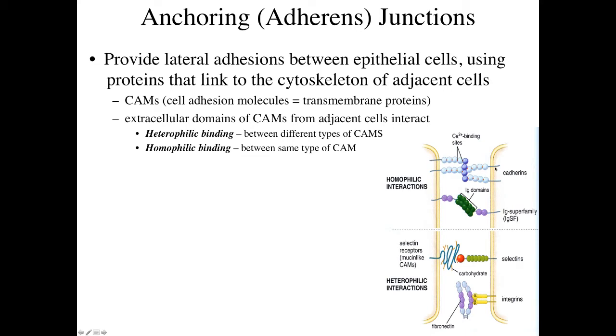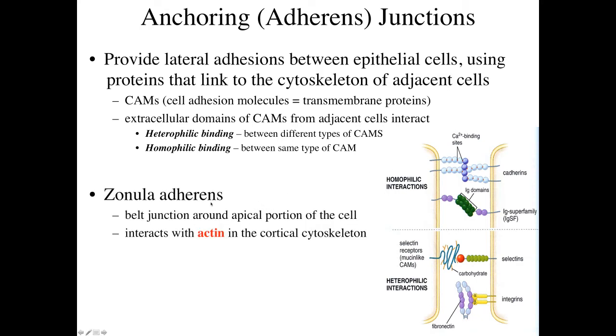The same type of cell adhesion molecule in one cell binds the same type of cell adhesion molecule on the adjacent cell. The point is that this binding of cell adhesion molecules on adjacent cells provides fairly substantial interactions between the epithelial cells and contributes to the integrity of the epithelial sheet of cells.